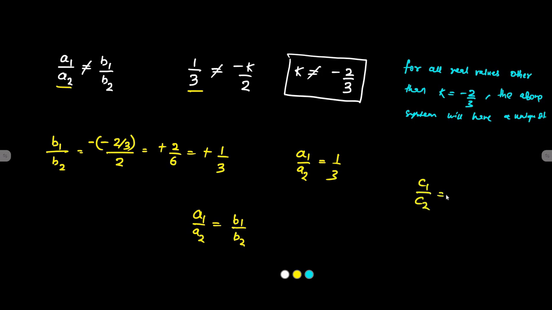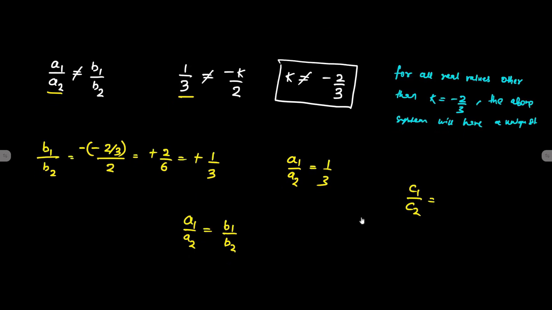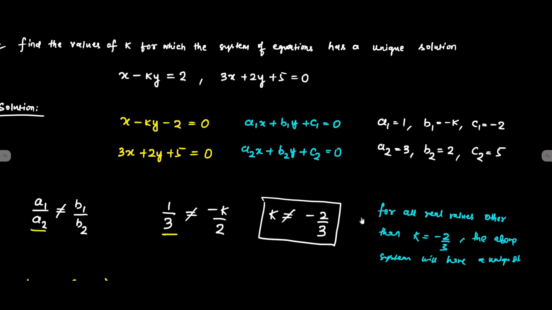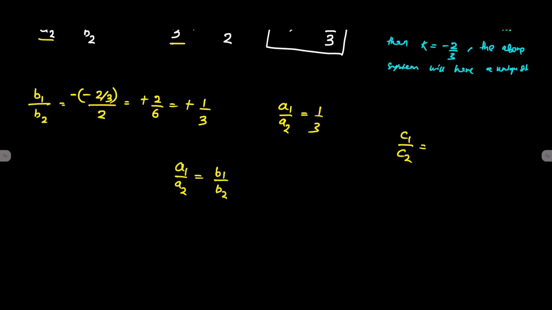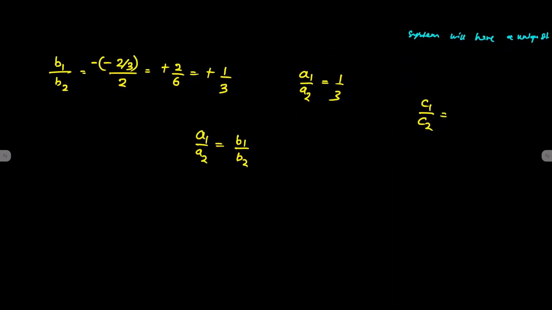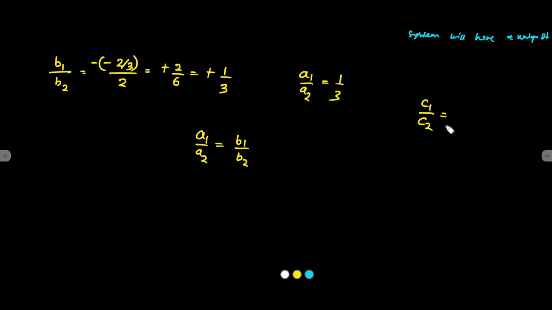C1 is minus 2, C2 is 5, so C1 by C2 is minus 2 by 5, and it is not equal.